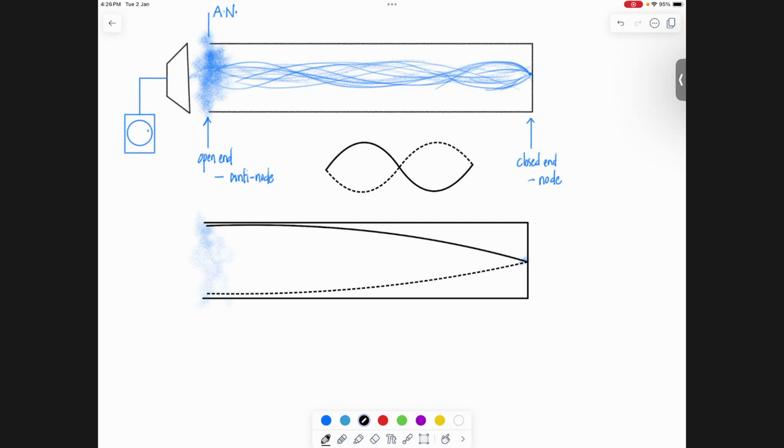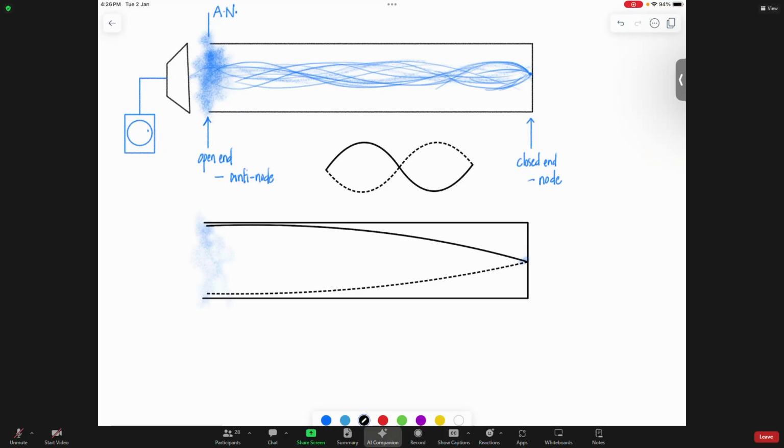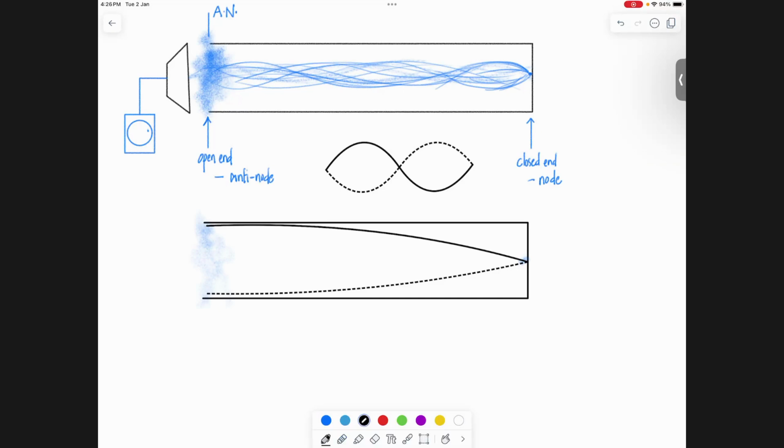The frequency that forms here, the sound that you hear, is the first frequency at which a stationary wave forms, right? Do you remember what we call that frequency? The first frequency at which the stationary wave showed up. There was a name for it. The first harmonic. You're not wrong, but yeah, fundamental frequency.